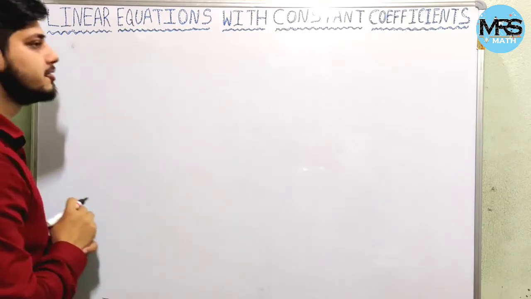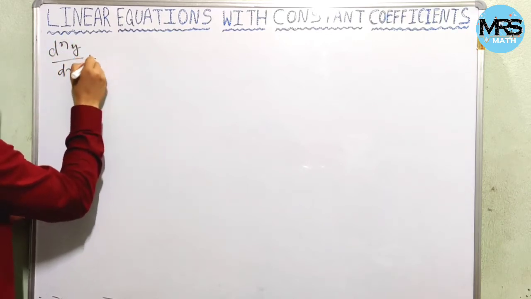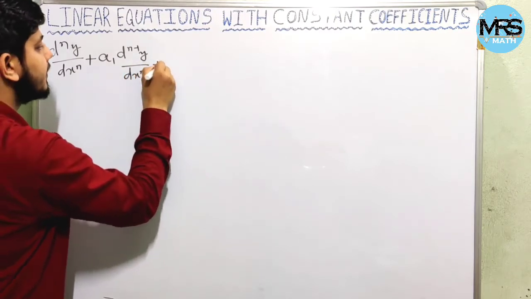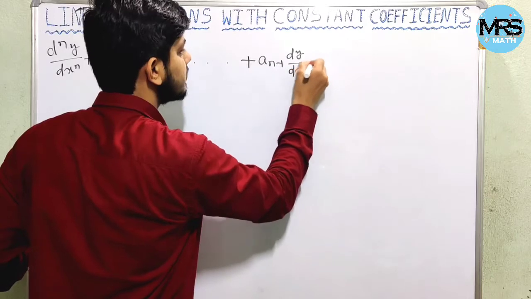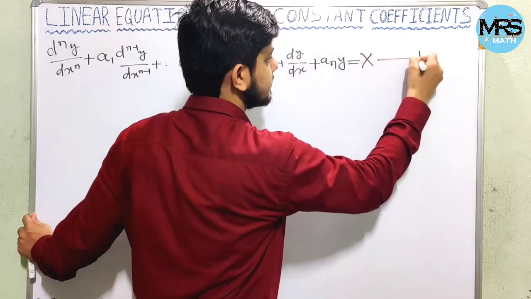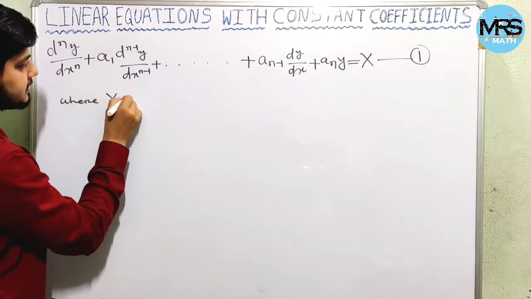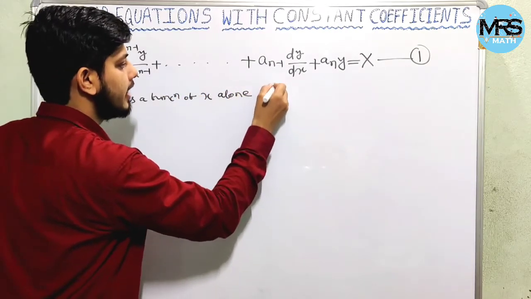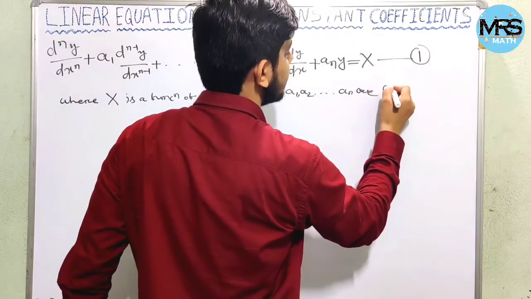If we see the general form of linear equations with constant coefficients, we can write d^n y/dx^n plus a1 d^(n-1) y/dx^(n-1), and so on up to a_(n-1) dy/dx plus a_n y equal to some function X. Here this capital X is a function of x alone, and a1, a2 up to an are arbitrary constants.